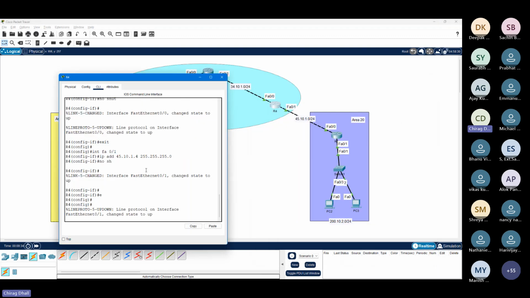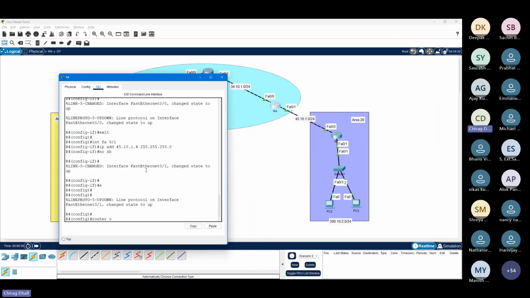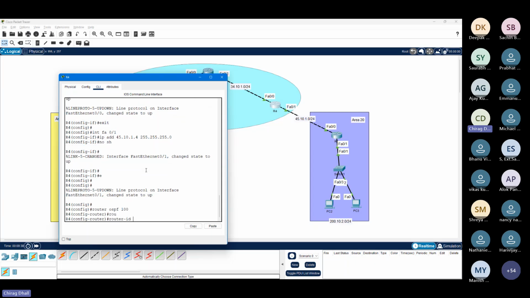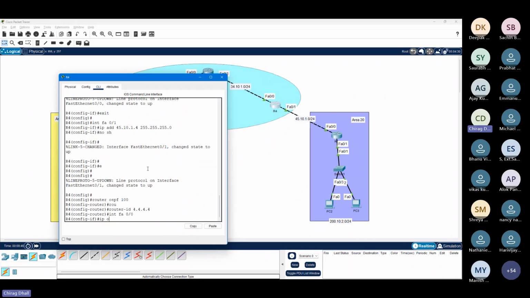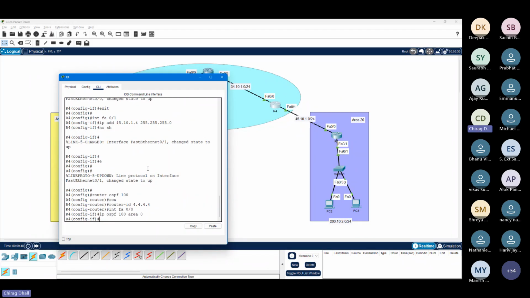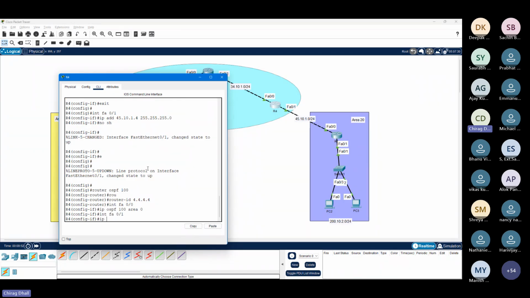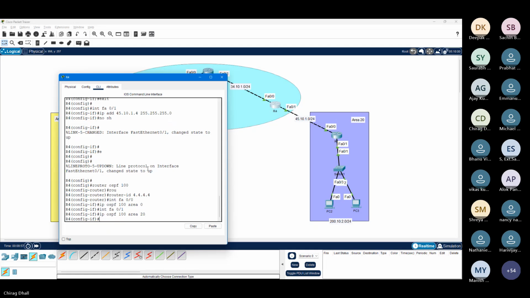Then we have router 4, router ospf 100, router-id 4.4.4.4, interface FA0/0, ip ospf 100 area 0, interface FA0/1, ip ospf 100 area 20.